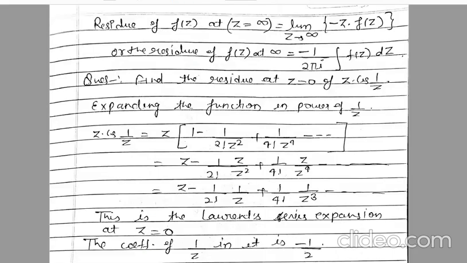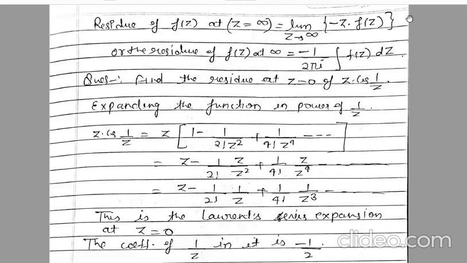First, there is a method of residue at z is equal to infinity. So how will we find our residue at infinity? It is also a part of residue. So residue at infinity is equal to limit z tends to infinity of minus z into f(z).